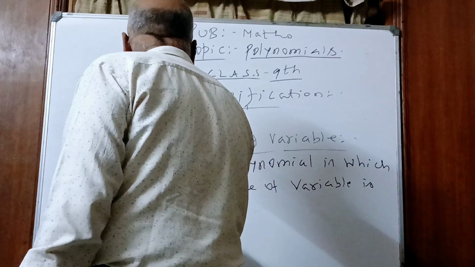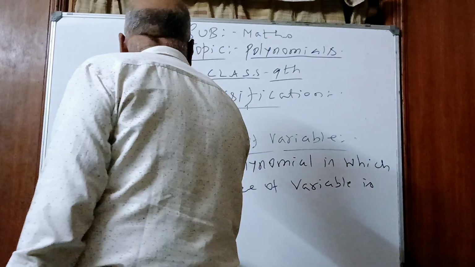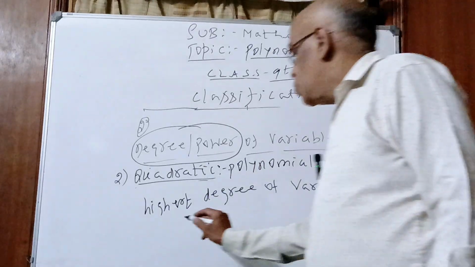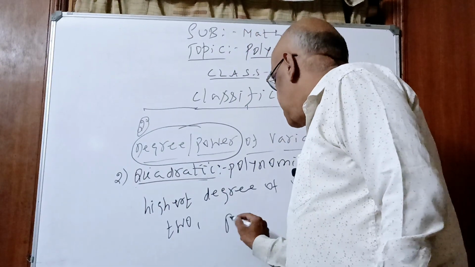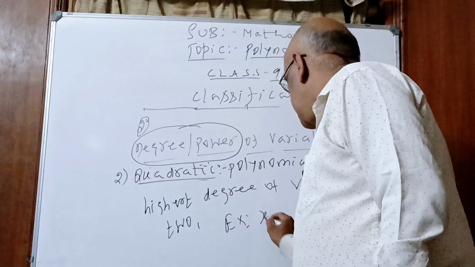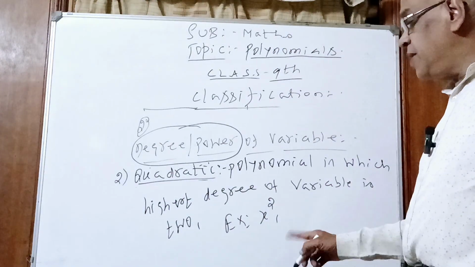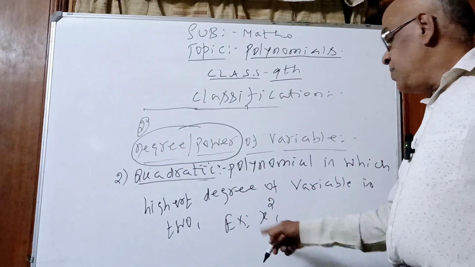Quadratic polynomial is a polynomial in which highest degree of the variable is what? Highest degree of the variable is 2. Example, children, x square. What is the degree of the variable? 2. How many terms are there? 1. Based on terms, see, I am revising. Based on terms, it is monomial.